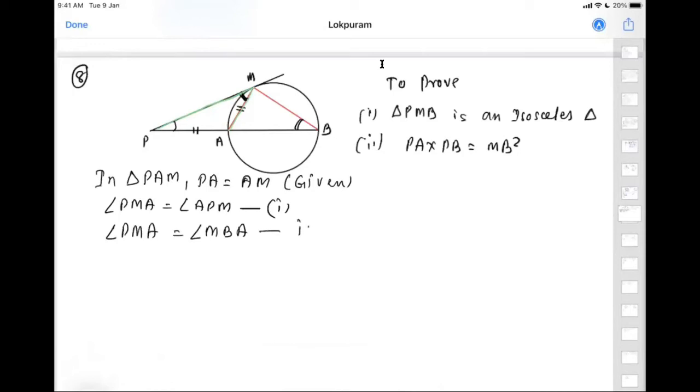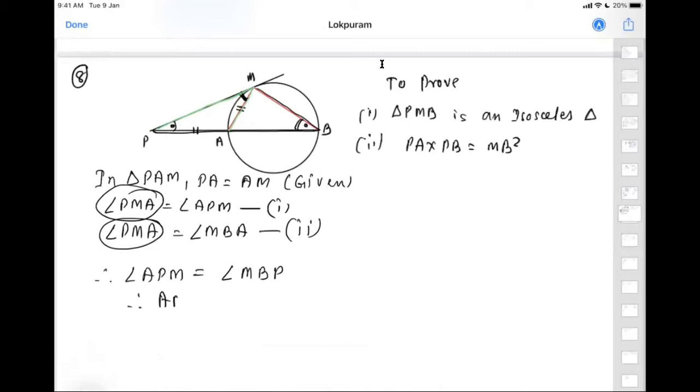This is second. So from 1 and 2, these two parts are equal. So we can say angle APM, which is this, is equal to angle MBA, and MBA we can write as P, because it's one and the same angle. So therefore we can say AM is equal to MP.